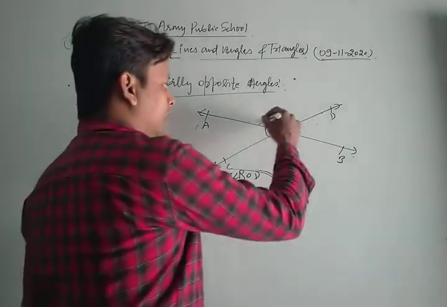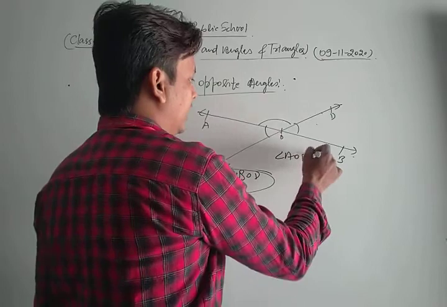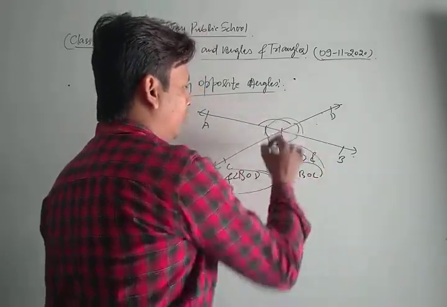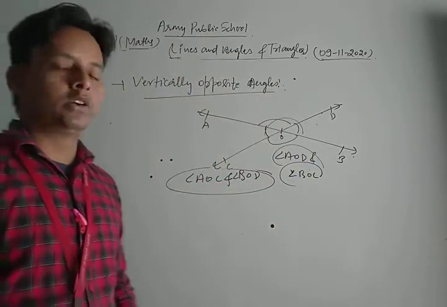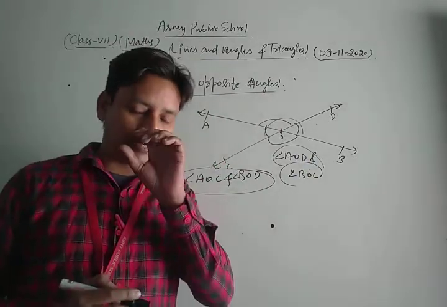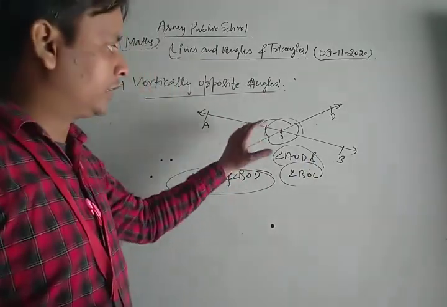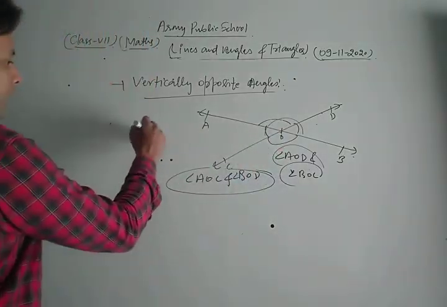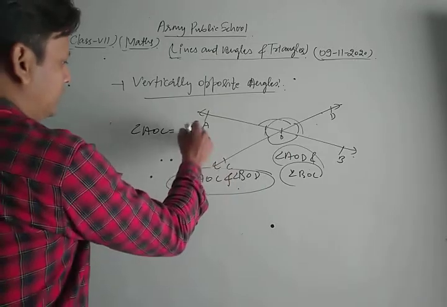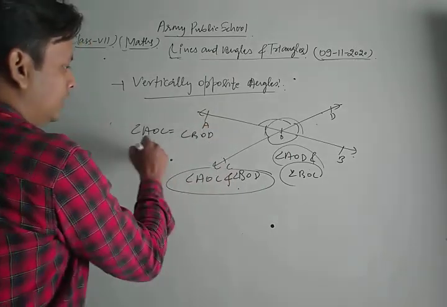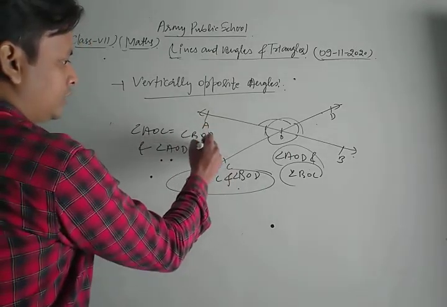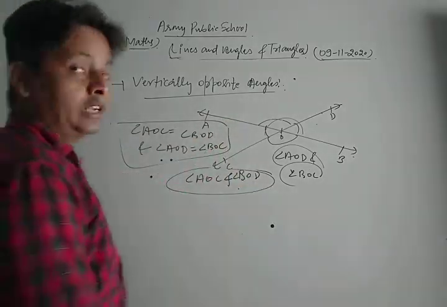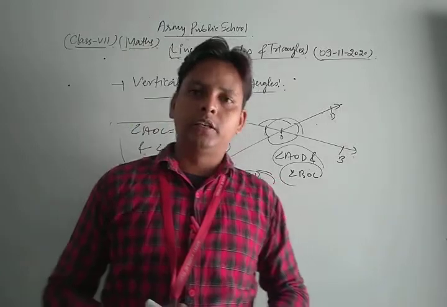Similarly, angle AOD and angle BOC are also a pair of vertically opposite angles. One of the most important results is that vertically opposite angles are equal to each other. So angle AOC is always equal to angle BOD, and angle AOD is always equal to angle BOC.